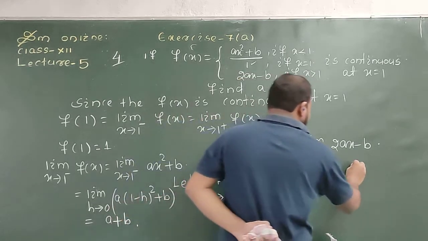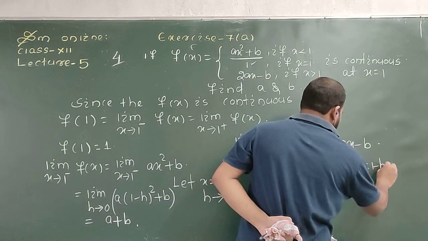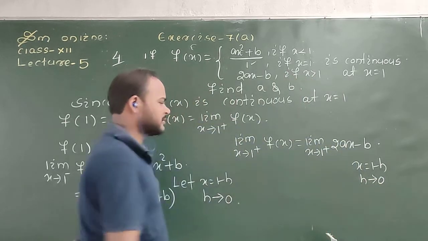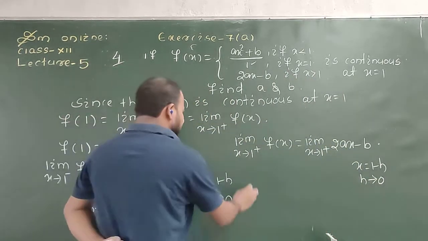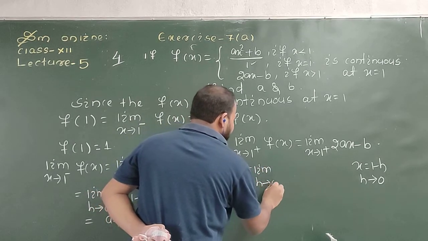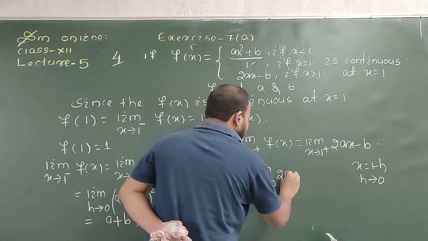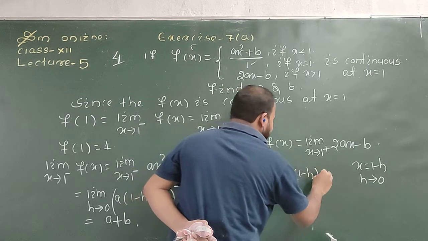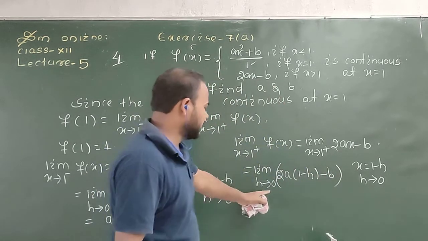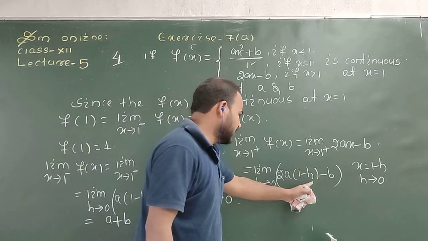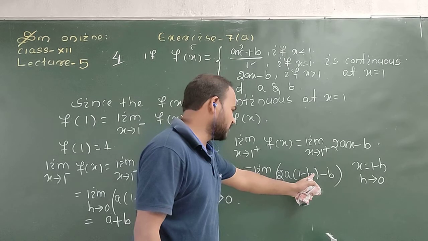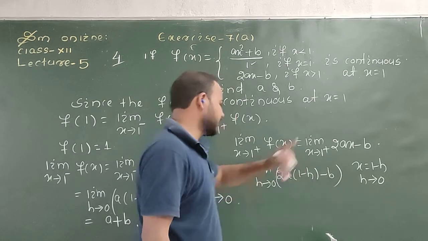For the right hand limit let x equal to 1 plus x and x tends to 0, change the limit. So we get limit x tends to 0 of 2 into a into (1 plus x) minus b, and after putting the value of x as 0, we get 2a minus b.